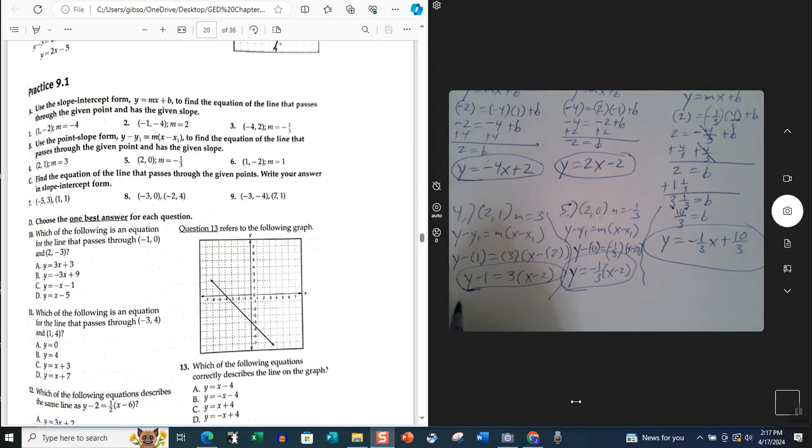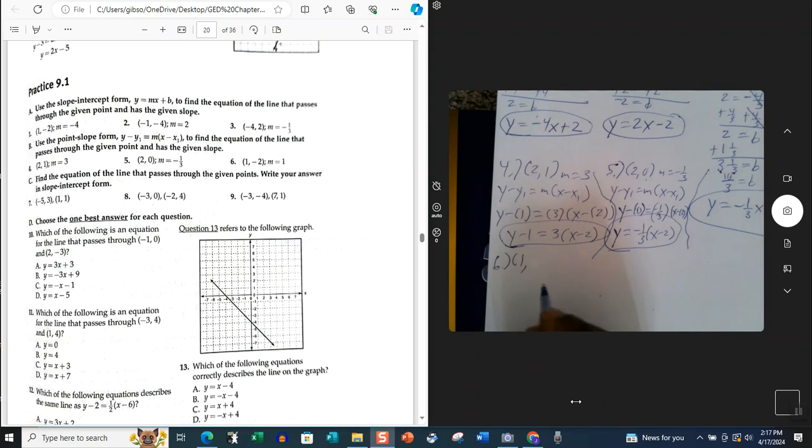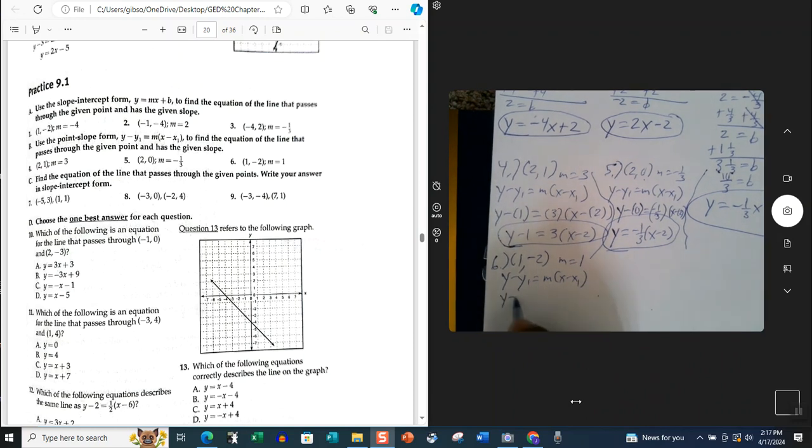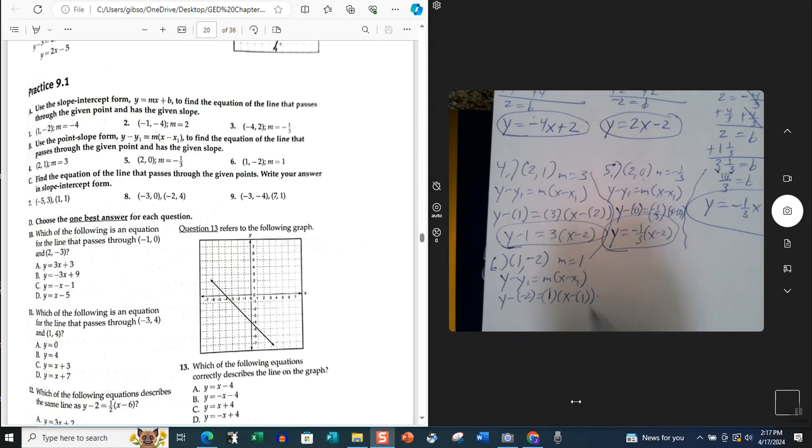Okay, number 6. Number 6, we have the ordered pair (1, negative 2), and then the slope is 1. So we have y minus y sub 1 is equal to the slope times x minus x sub 1. Now we substitute. y sub 1 is negative 2, the slope is 1, and then x sub 1 is 1.